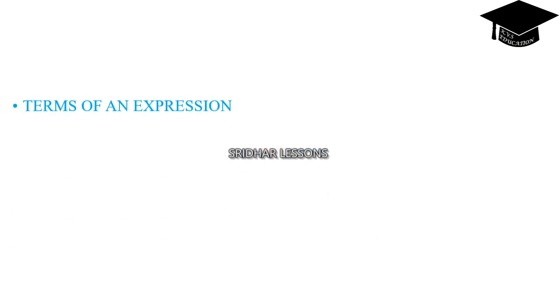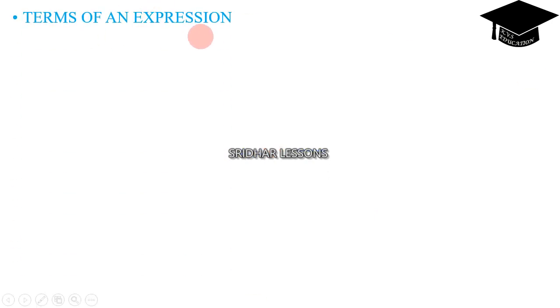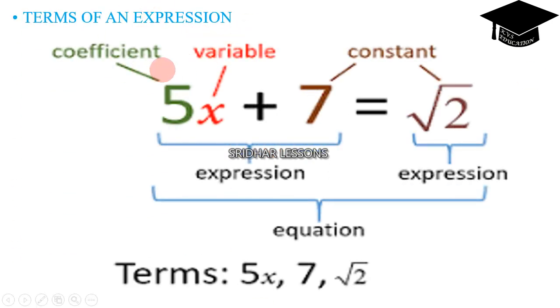Next, the terms of an expression. Once again, 5x plus 7 is equal to square root of 2. This square root of 2 is called a constant and 7 is also a constant. Here x is the variable and 5 is called the coefficient of x.